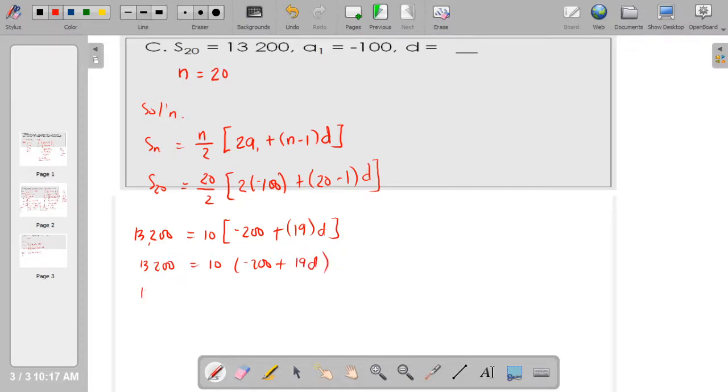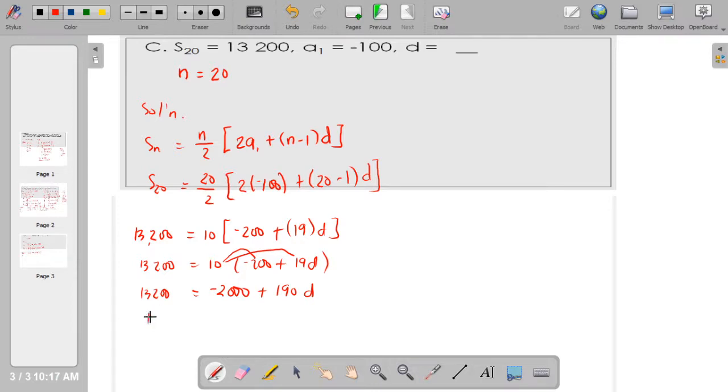Now we copy 13,200 again. Since we cannot combine these two, we are going to distribute 10 to negative 200 plus 19d. So 10 times negative 200 is negative 2,000. 10 times 19d is 190d.